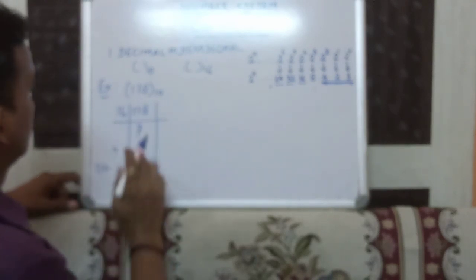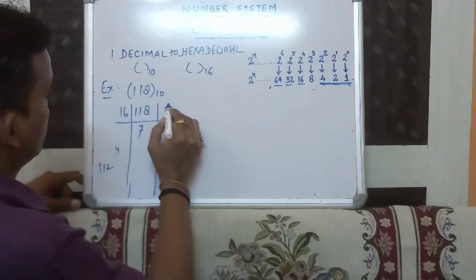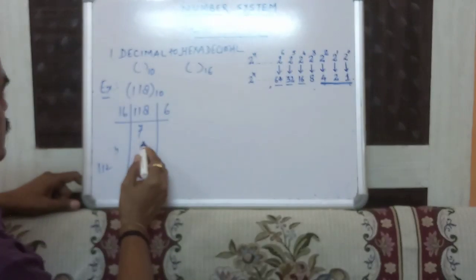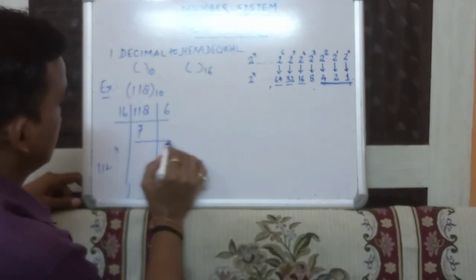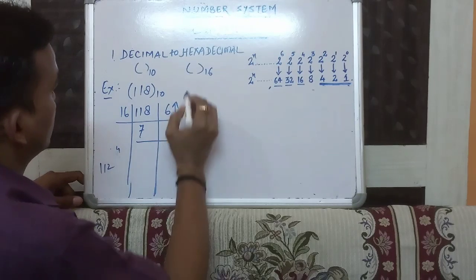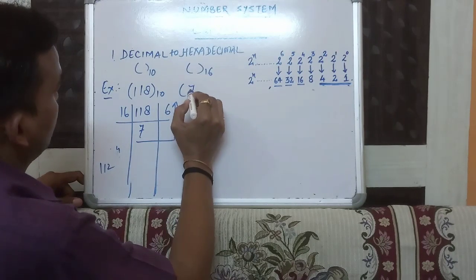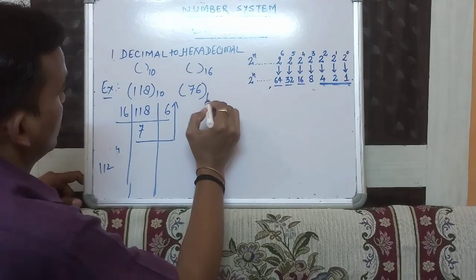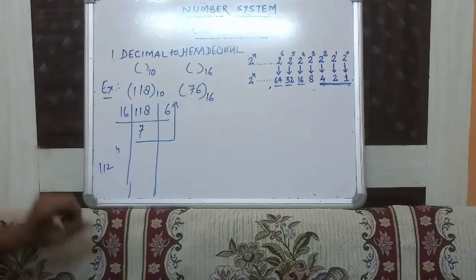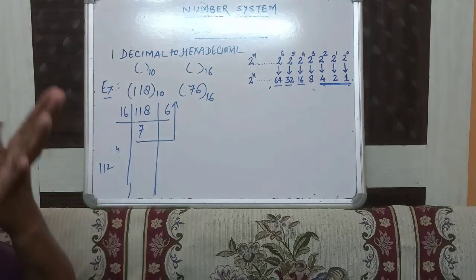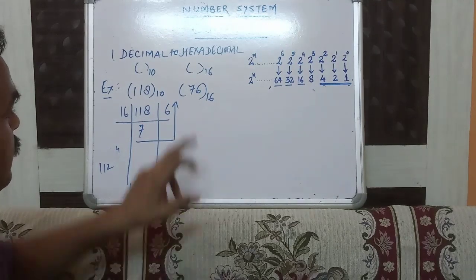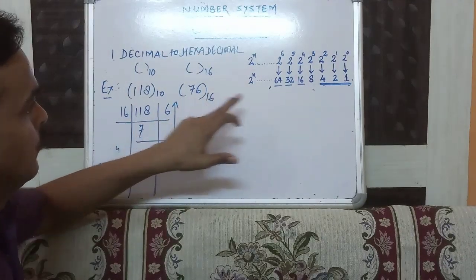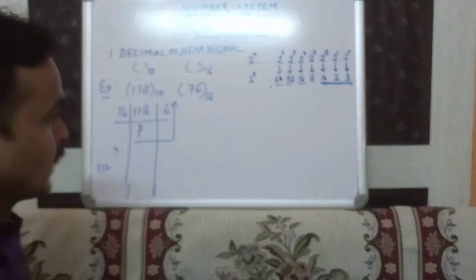Remaining is 6. Now 7 is not divisible by 16, so this is the answer. So the answer is what? 7 6 in terms of hexadecimal.